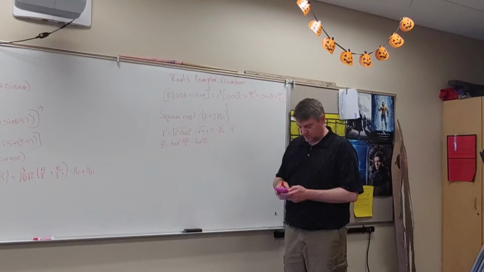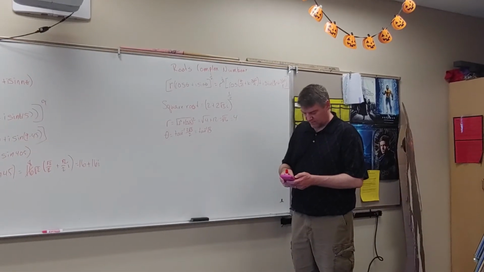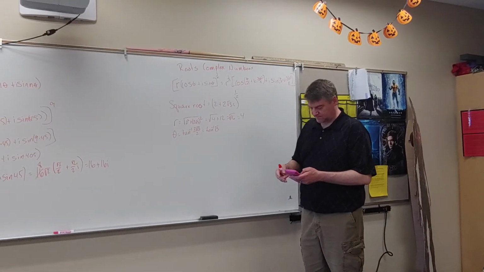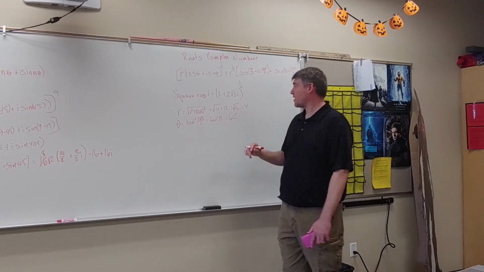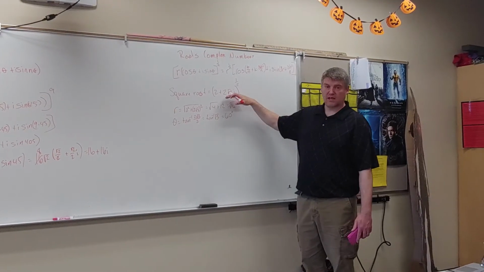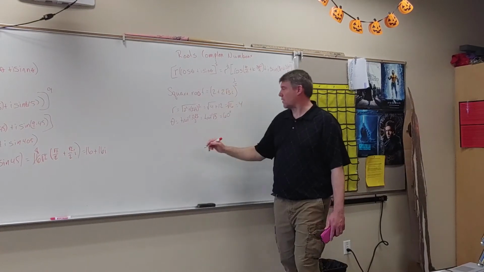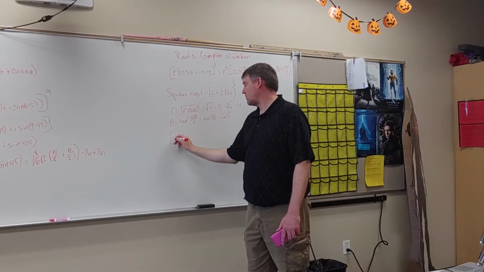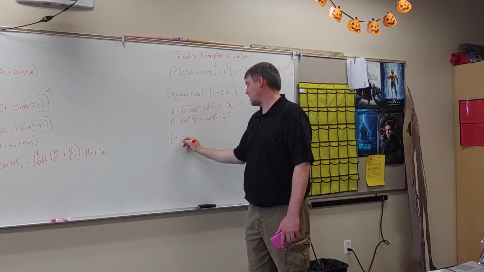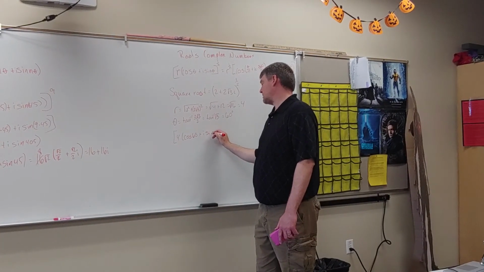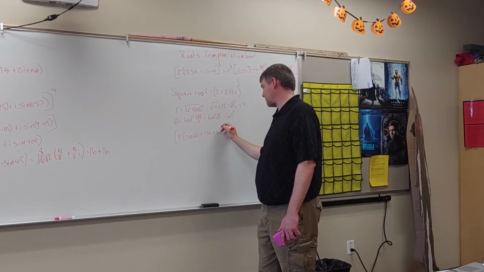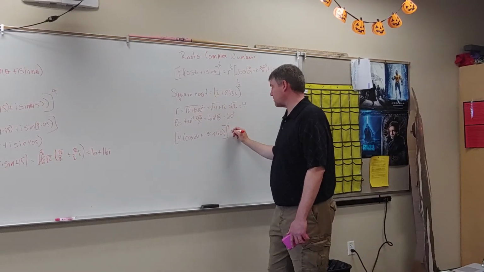So tangent inverse of the square root of 3 gives me 60 degrees. Now I can put this into trig form. So now I have 4 times cosine of 60 plus i sine of 60, to the 1/2 power.